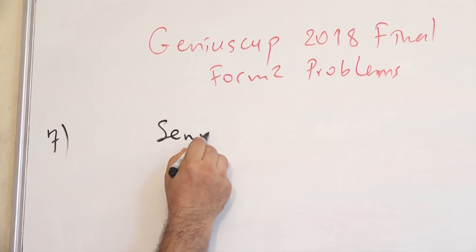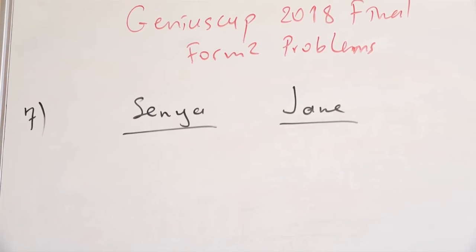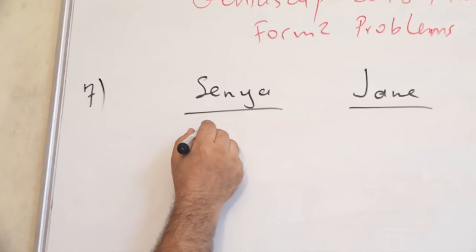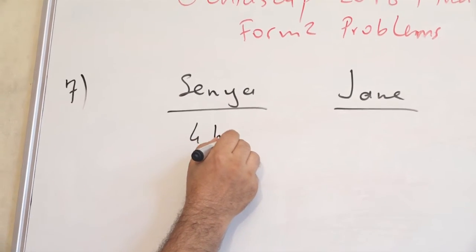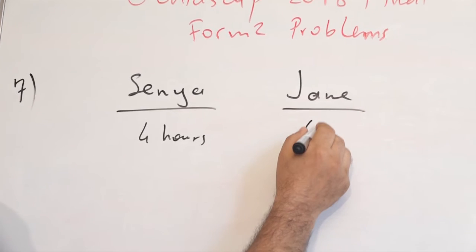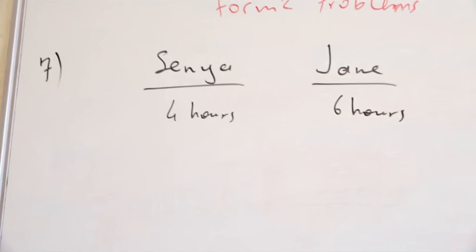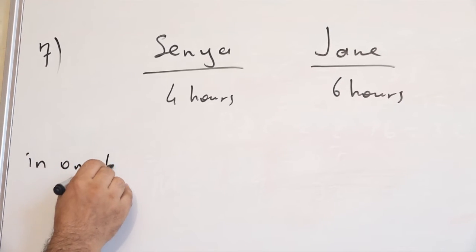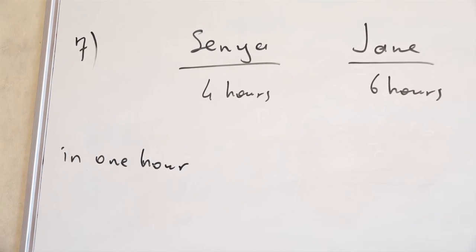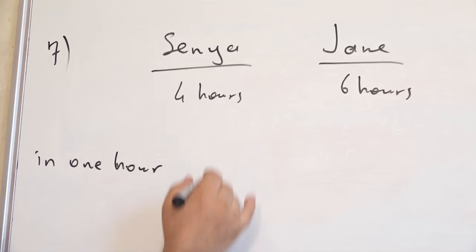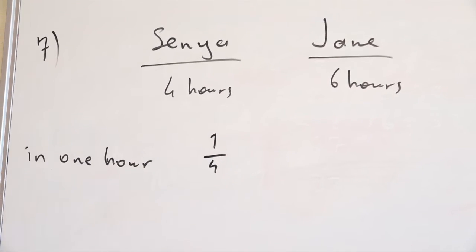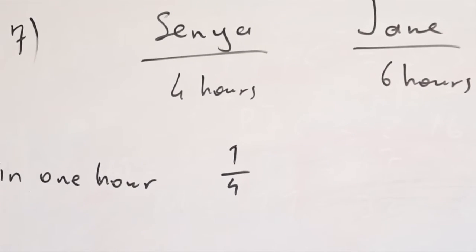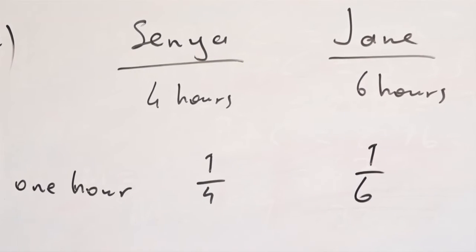Suppose this is Senya. Senya finished in 4 hours. Jane in 6 hours. But in 1 hour, Senya can finish 1/4, a quarter of the work, and Jane can finish 1/6 of the work.